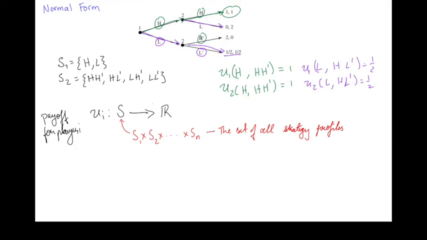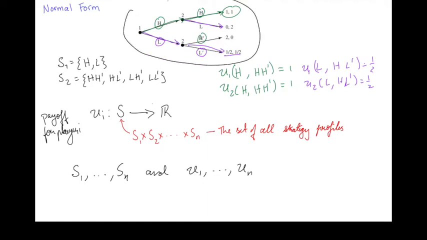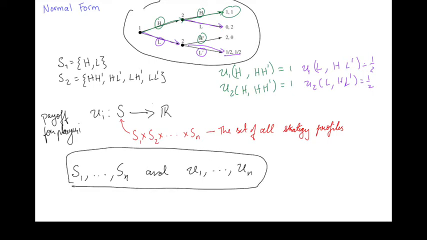Once you have a strategy set for each player, so if you have S1 through Sn, and you have these payoff functions u1 through un, each of which maps the set of all strategy profiles to a real number, then all the information contained in the extensive form is summarized in these two things.